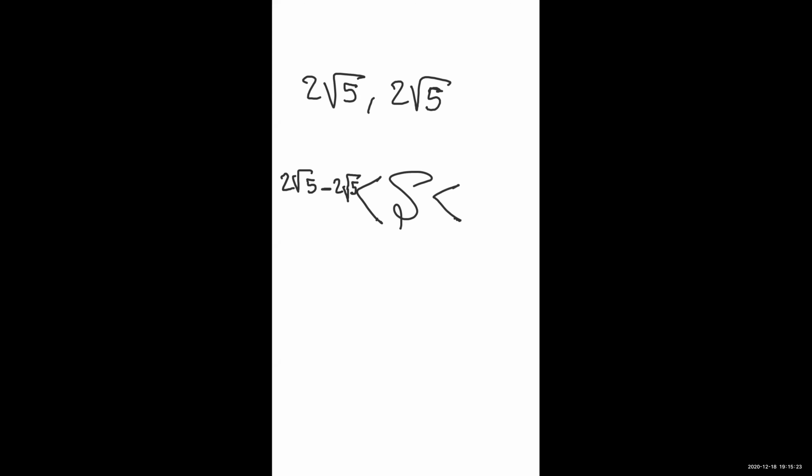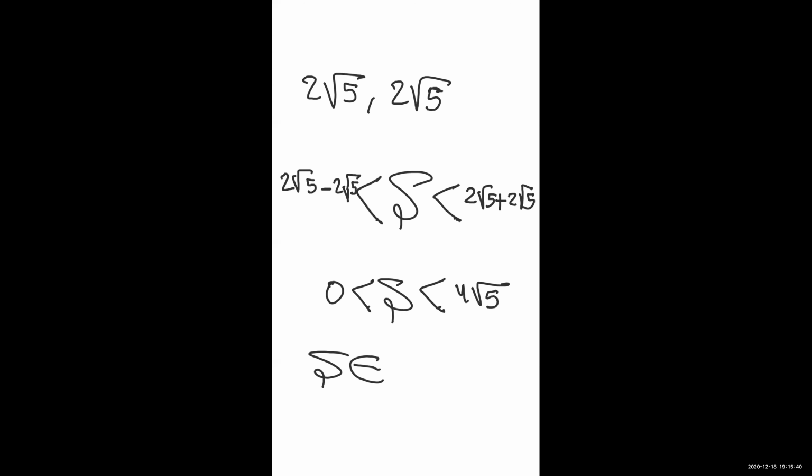And less than the sum, 2 square root of 5 plus 2 square root of 5. So the side will be greater than 2 square root of 5 minus 2 square root of 5, which means 0, and less than 4 square root of 5. So the side belongs to this interval 0 and 4 square root of 5, and it's open from the two sides like this. So the elements between 0 and 4 square root of 5. Is it clear, guys? Yeah, clear.